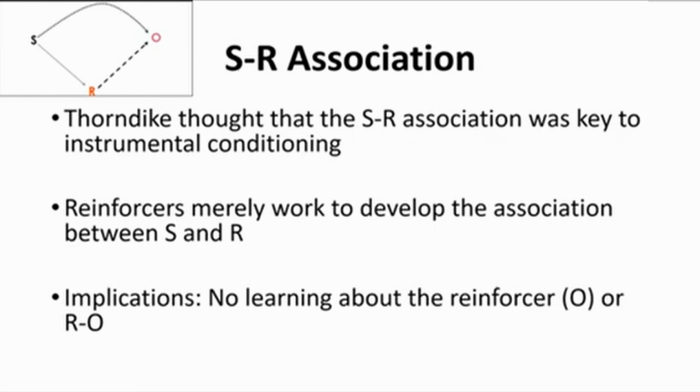That O term isn't directly involved in that association; it's just the mechanism by which it comes to exist. Once you've associated that stimulus and that response strongly enough, the outcome or the reinforcer actually becomes kind of useless. It doesn't have any purpose once that association is formed.